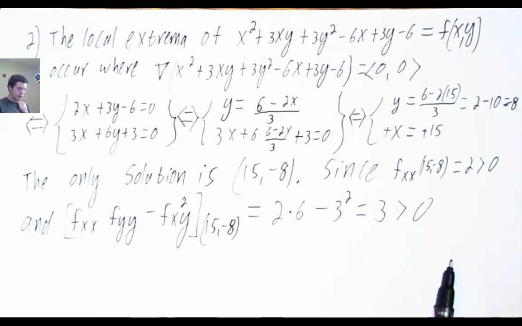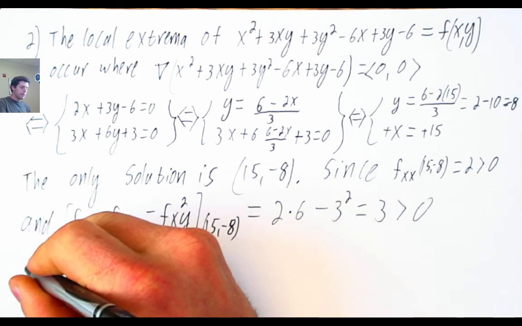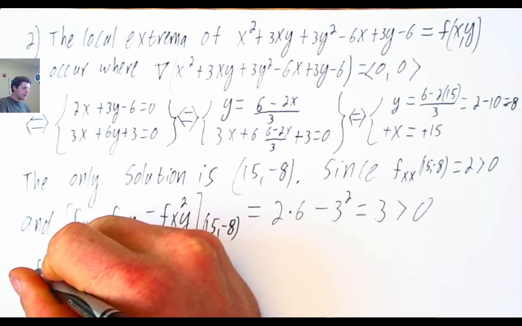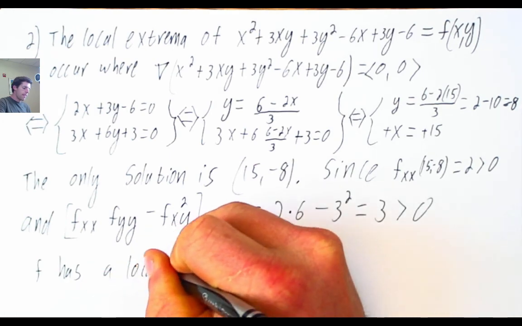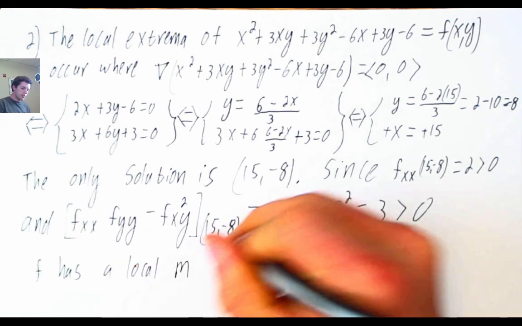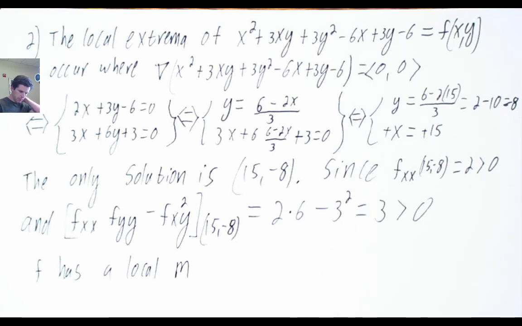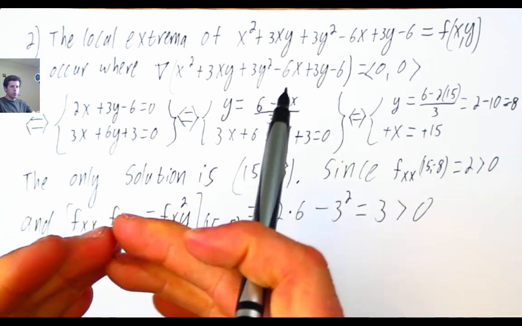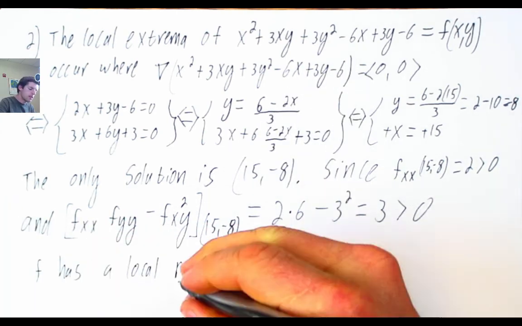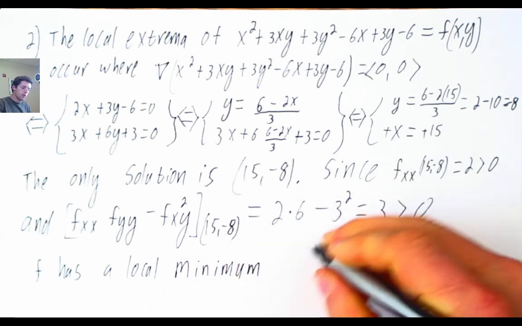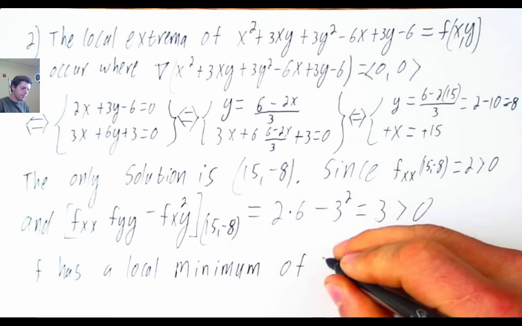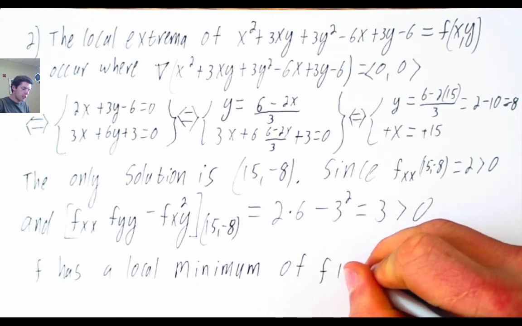Since these things are both the case, f has a local, let's see, minimum or maximum. Both fxx and fyy are positive, so that means this is a minimum of f at 15, negative 8.